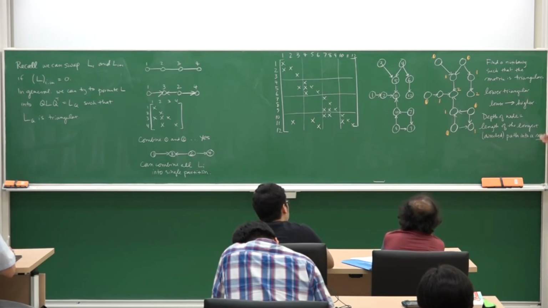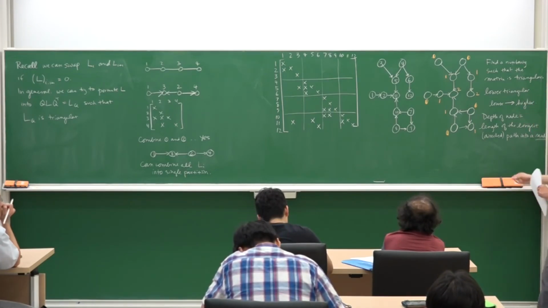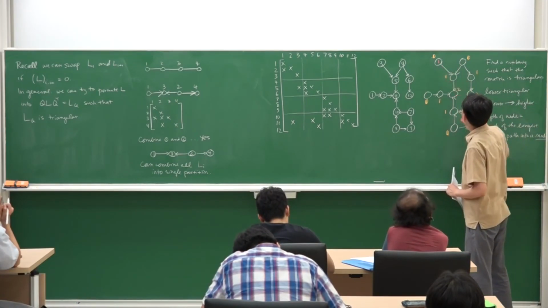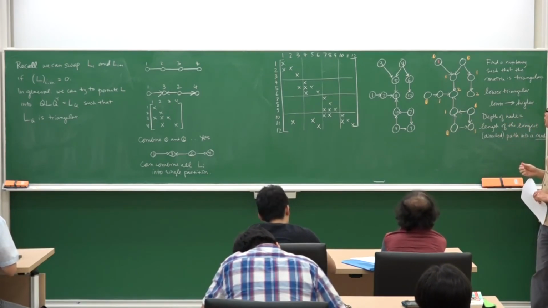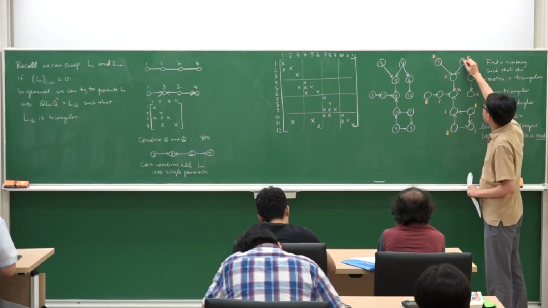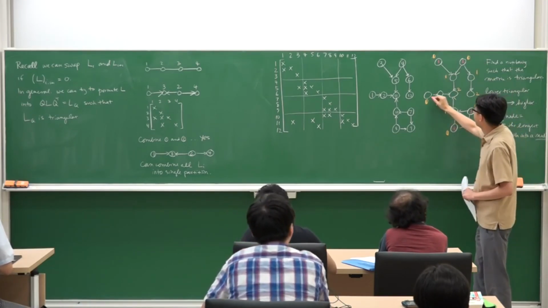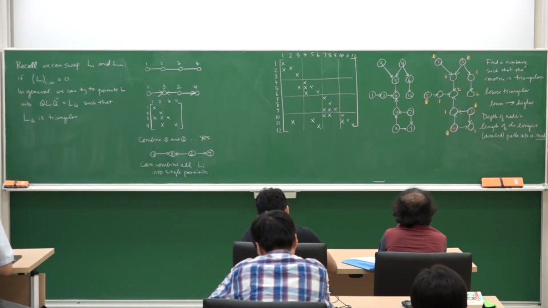And now we can find a numbering quite easily. Maybe I'll use red for that. Certainly, this could be chosen as a 1, as the first one, right? And it would be safe to choose all of these, let's say 2, 3, 4, 5. Choose all of the depth 0 ones first, right?